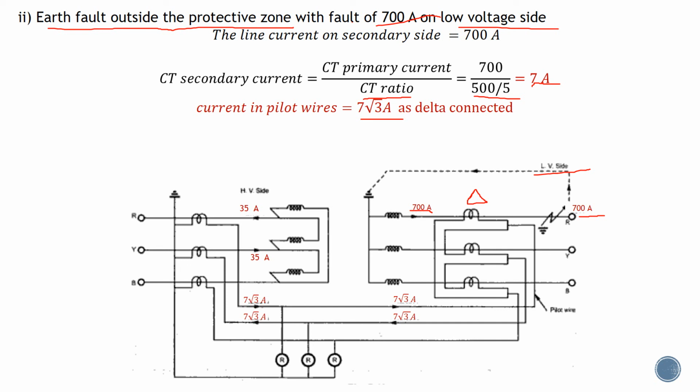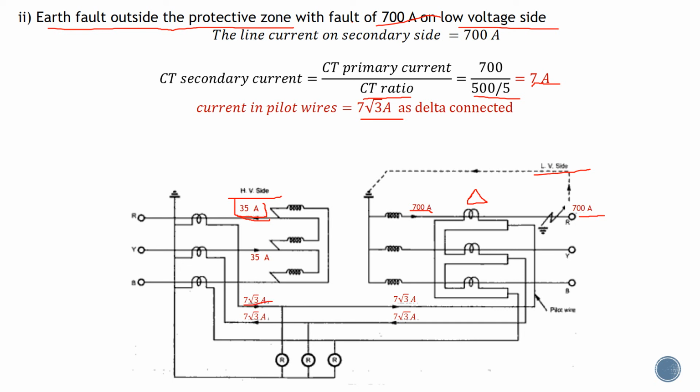Also, as discussed in the previous question, the high voltage side line current will be 35 ampere. This was calculated from the apparent power equation by equating the primary apparent power to the secondary apparent power, and therefore the CT secondary current was also obtained, and the value was 7 root 3.